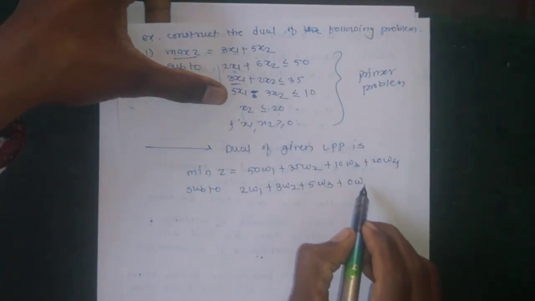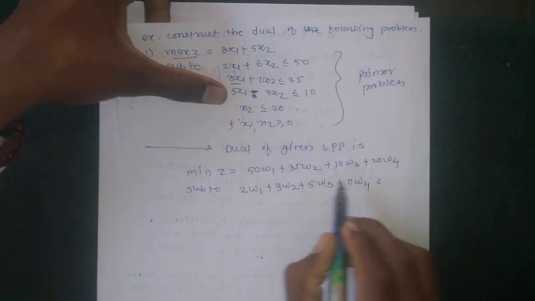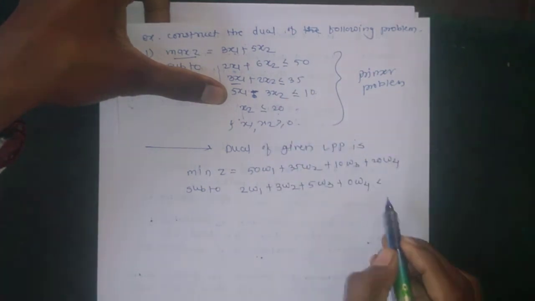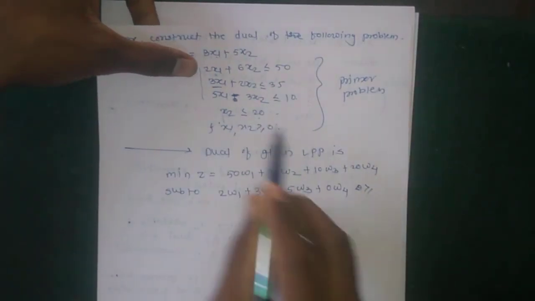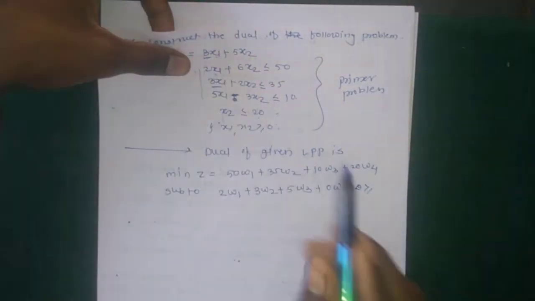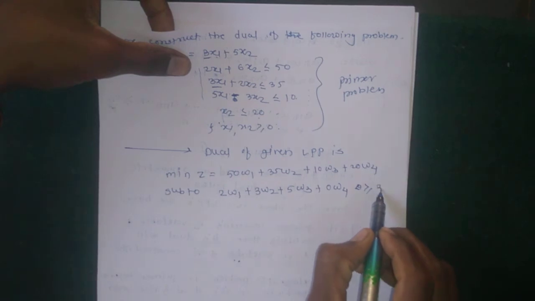0W4, and all the constraints are less equal type. In the minimized problem, the constraints are greater equal type, which is greater equal to the coefficient of x1, this is 3.